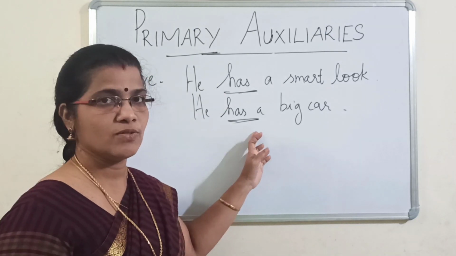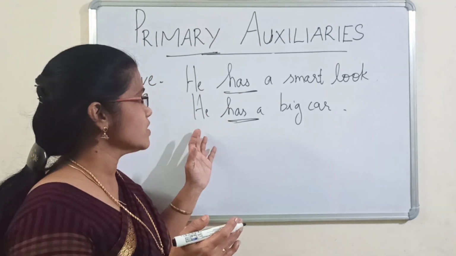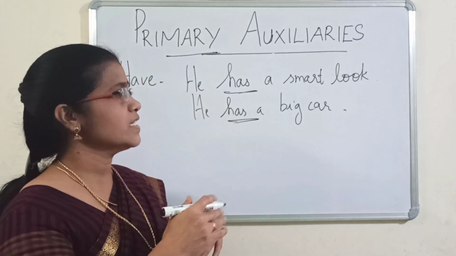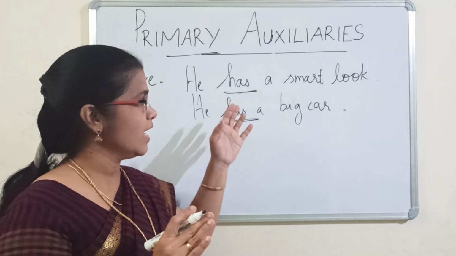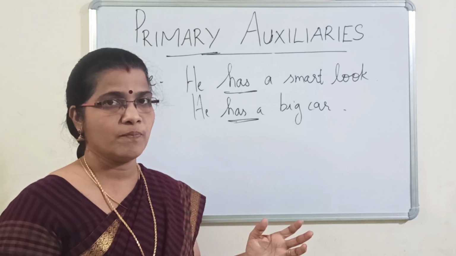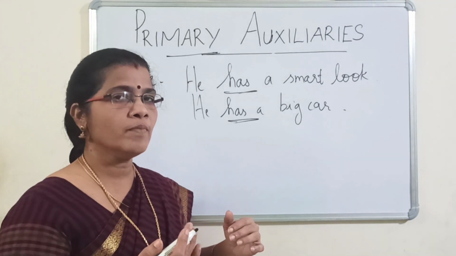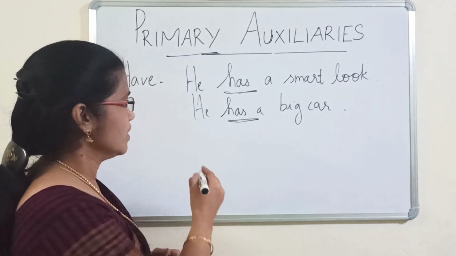So it shows possession. Remember, in these cases you cannot use an ing form. You must not say he is having a big car. It's wrong. Similarly, he is having a smart look, it's wrong. So when have is used to show possession, you must not use ing form. But at the same time you can use ing form when you mean, for example, eating.